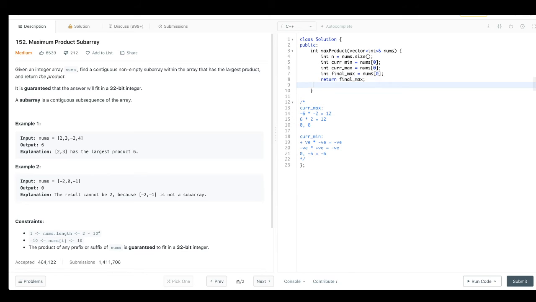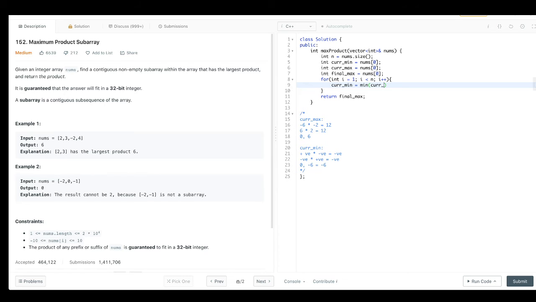Now we'll do some processing. For int i equals 1, i less than n, i plus plus. So we need to update our current minimum and current maximum according to the current element nums[i] that we got. So the three cases when current minimum can be updated: the first is if we multiply the current maximum with the current element.